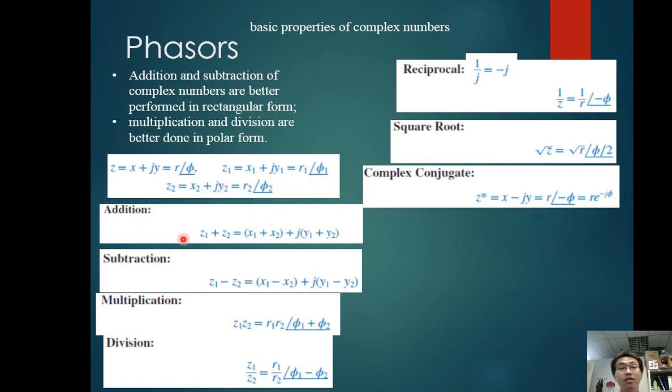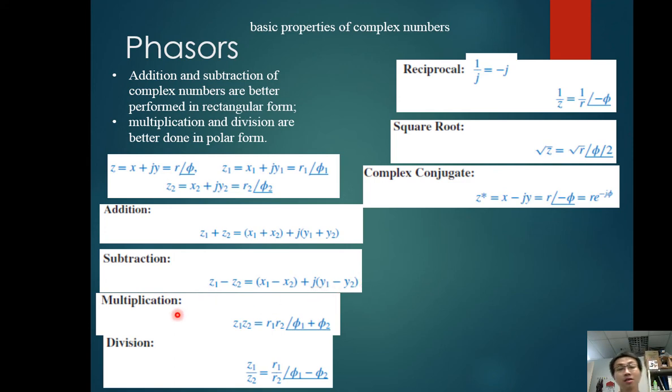Then I add up together z1 plus z2. It becomes x1 plus x2 plus j, I factorize the j, and then y1 plus y2, like this. If I subtract, meaning z1 minus z2, I use x1 minus x2 plus j, I factor the j, y1 minus y2.